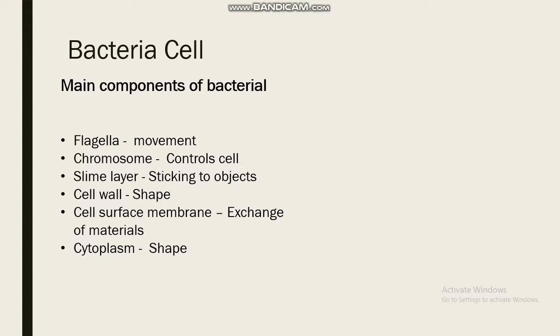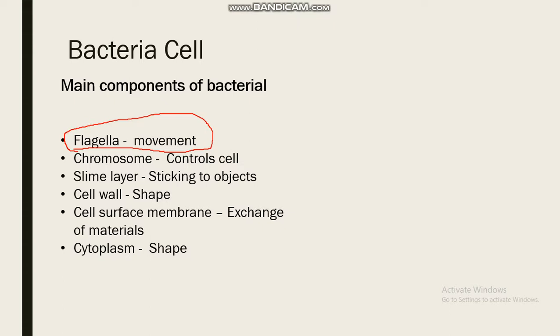The most important component for a bacteria is the flagella, which helps in its movement. A flagella is a whip-like structure, an outgrowth, which propels the bacteria forward and helps it to move from one place to another.